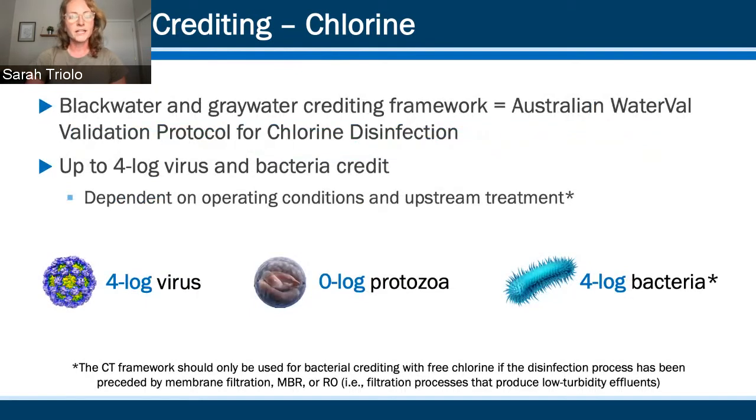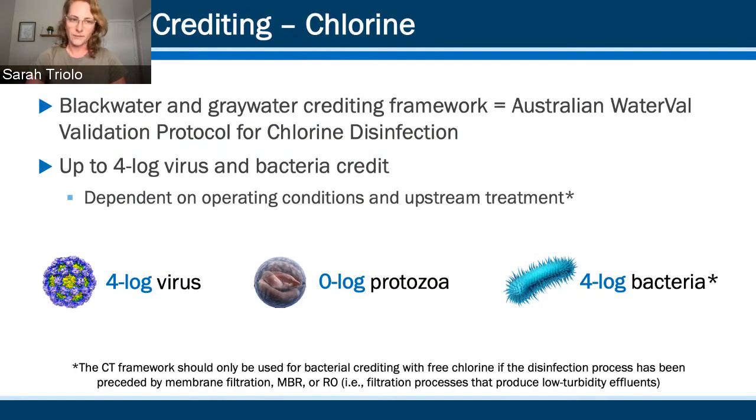And I'm going to focus on the crediting framework for black water and gray water, which is the Australian water validation protocol. You can Google Australian water validation protocol for chlorine, and that document is freely available. And this framework provides a way to get up to 4 logs of virus and bacteria credit.